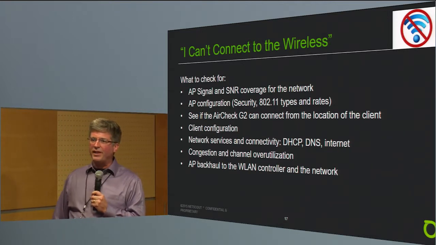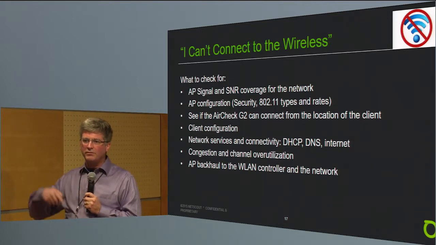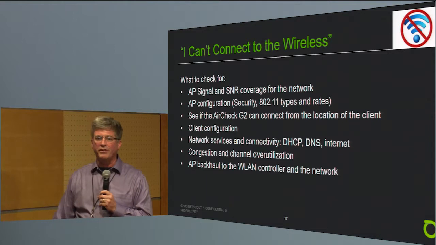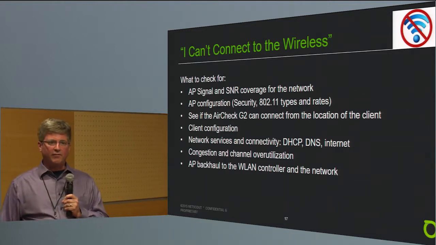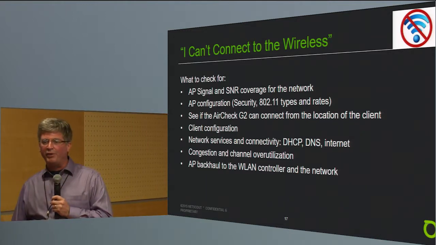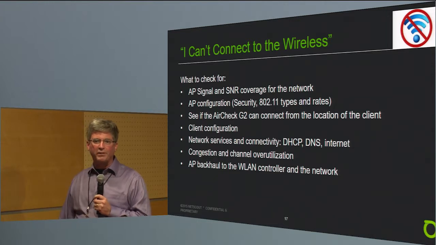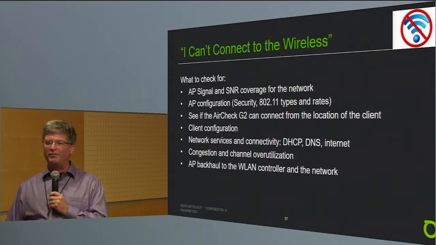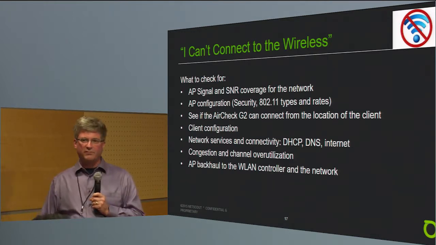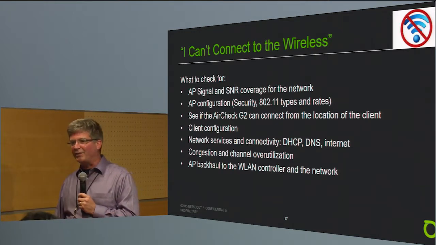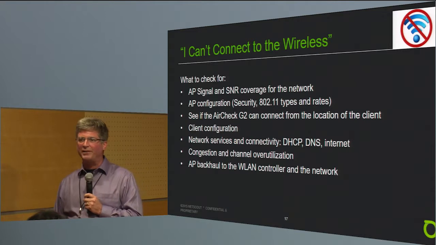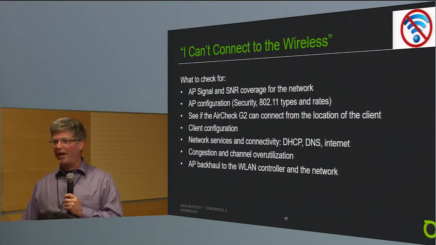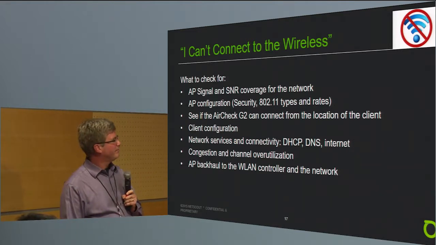One of the first things that you can do at that point is see if you can connect to the network with the AirCheck. If you can connect to the network with the AirCheck, you know the access points are set up correctly. Then you check the client's device to see if that's been configured correctly. I mean, how many of these I can't connect problems typically are pilot error on the user's device, putting in the wrong password or something.